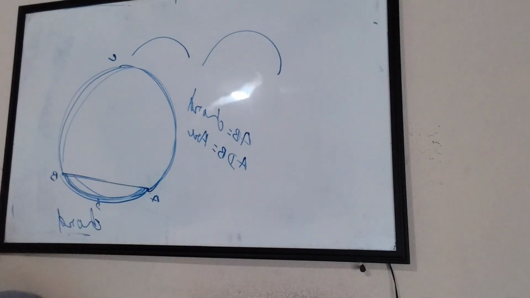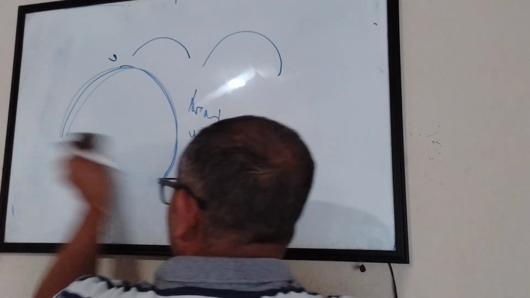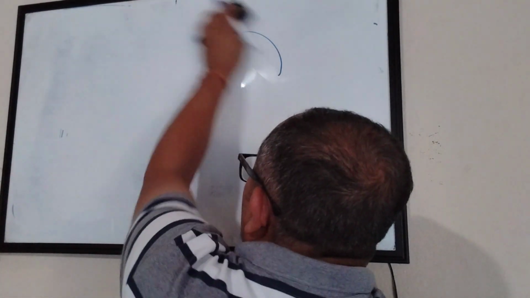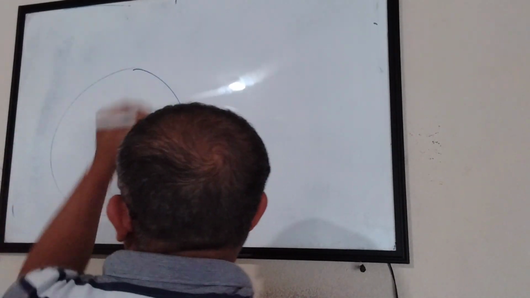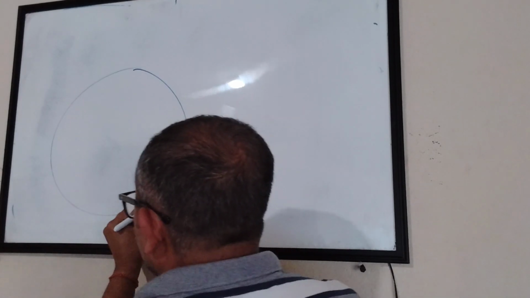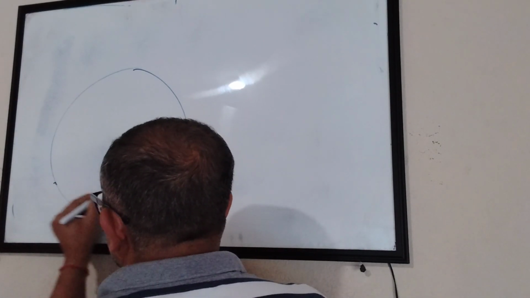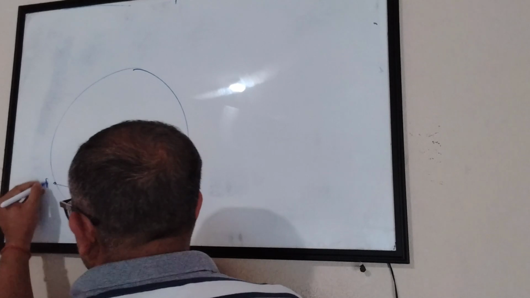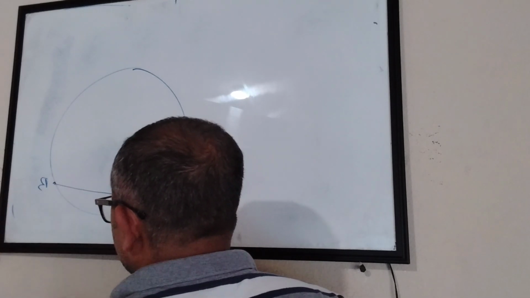Now, see my confidence again. So I pick 2 points, I join them, I call this AB, the straight line, as a chord, and this curve as an arc.